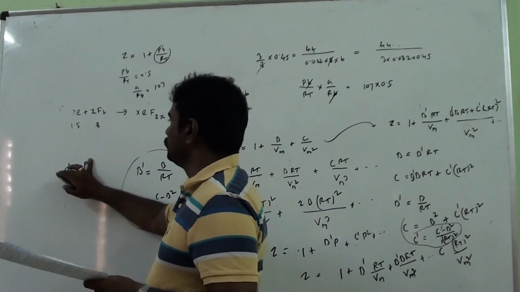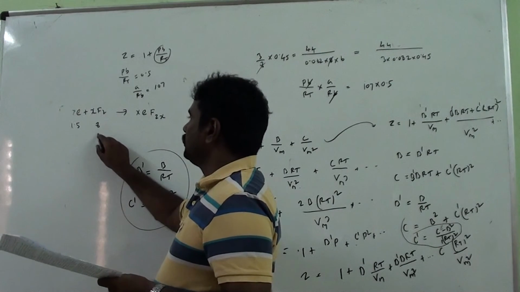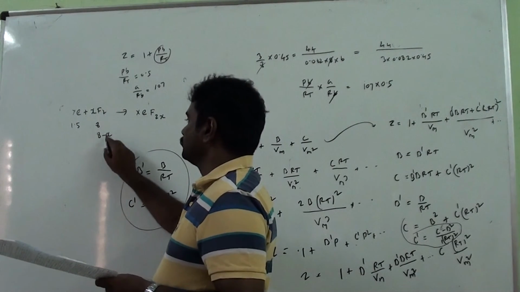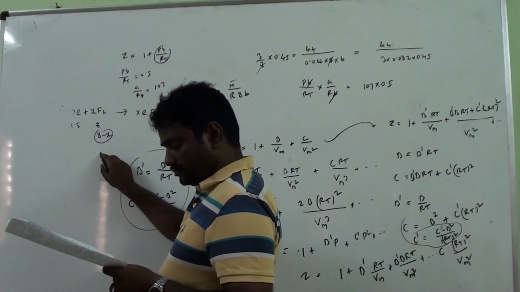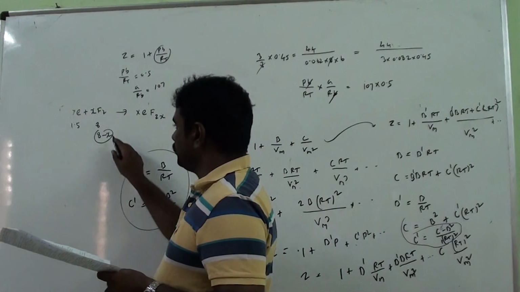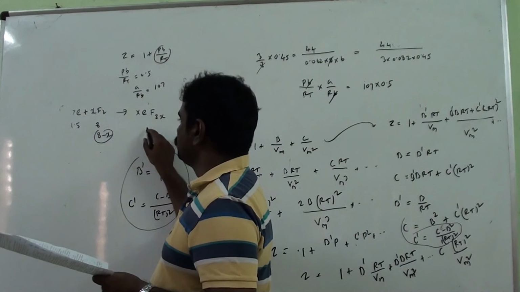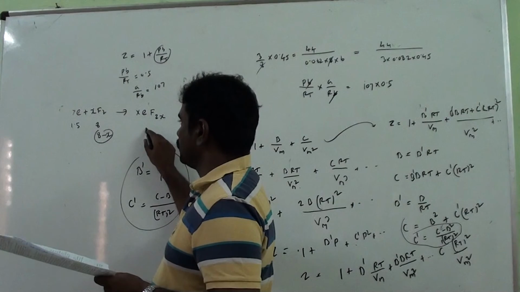So the ratio is 8 minus x left, and this will be 1.5x. Correct or not?